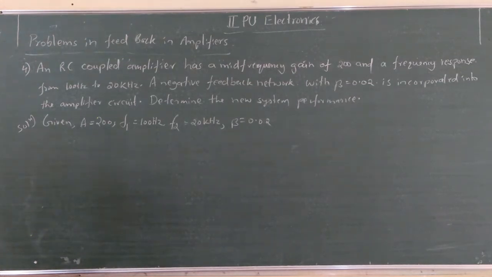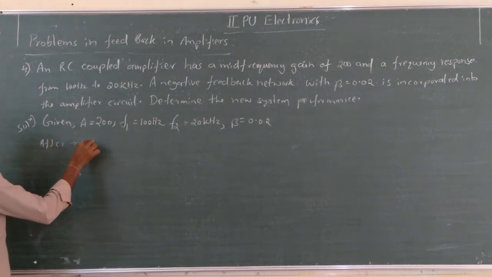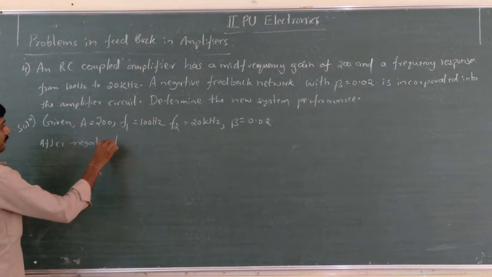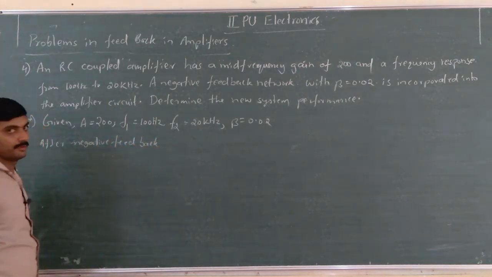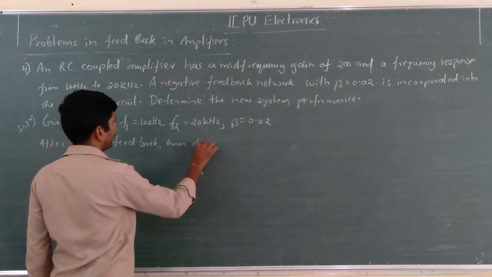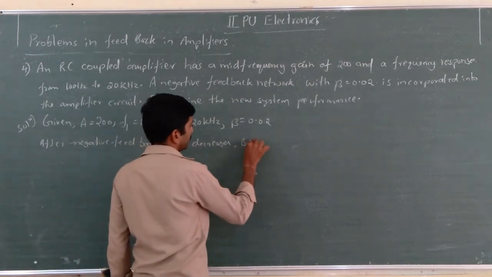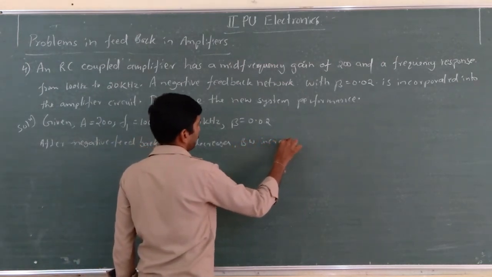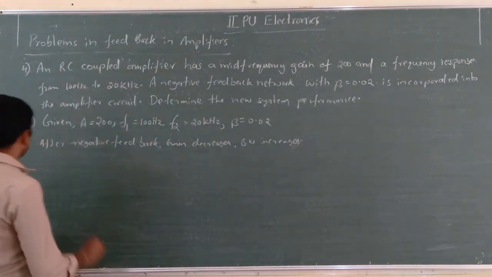So, after negative feedback, gain decreases, bandwidth increases.